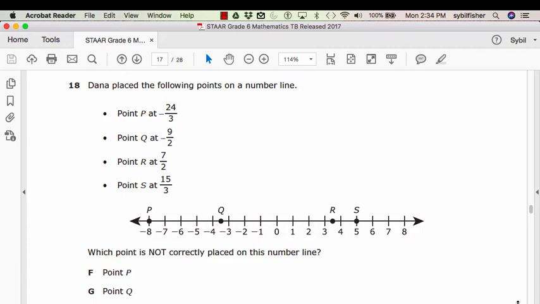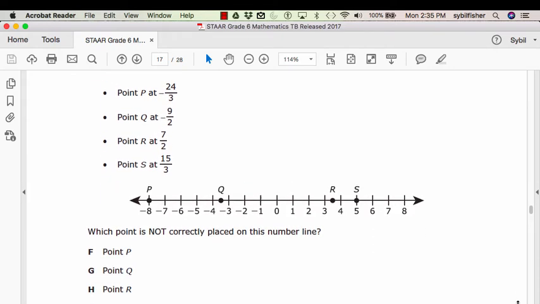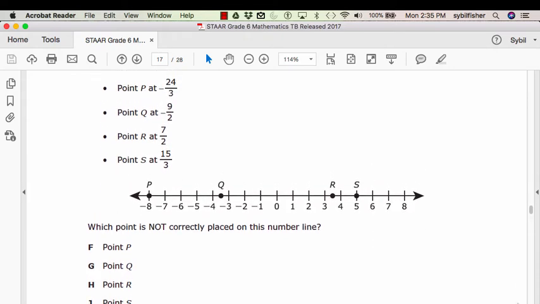Point R at 7 over 2. Point S at 15 over 3. Which point is not correctly placed on this number line? F, point P, G, point Q, H, point R, J, point S.